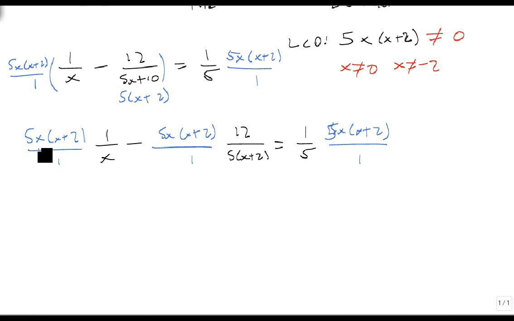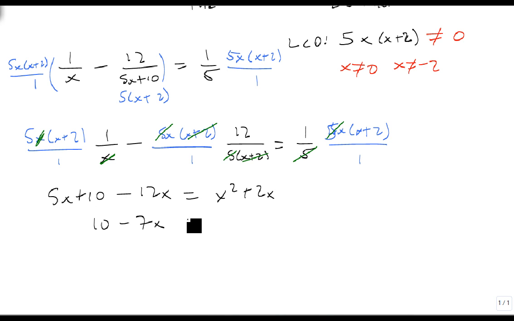So when we divide out what's in common, in our first term, the x's go away. In the second term, the 5 and the x plus 2 go away. And in the third term, the 5 goes away. So this gives us 5x plus 10 minus 12x equals x times x plus 2, or x squared plus 2x.